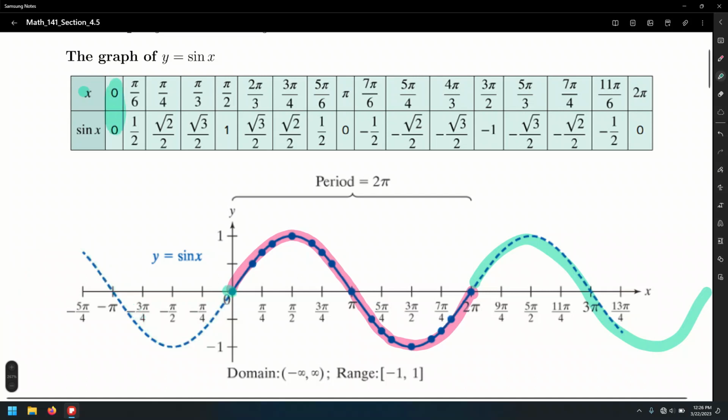The ordered pair 0, 0. The ordered pair pi over 6, this one right here, pi over 6, 1/2. The ordered pair pi over 4, root of 2 over 2, which is somewhere here. The ordered pair pi over 3, which is root of 3 over 2.